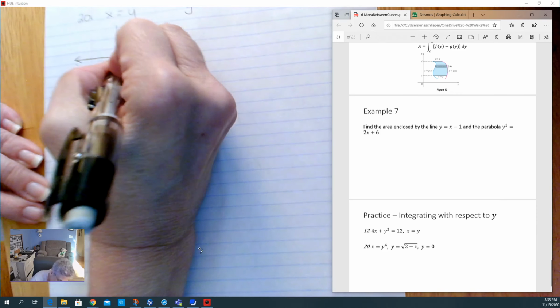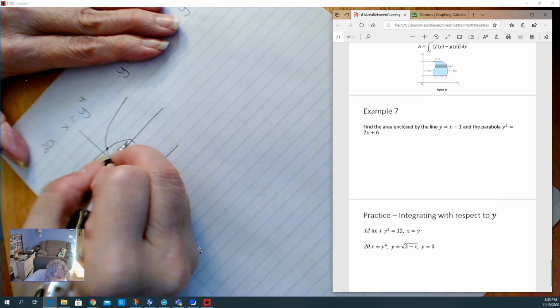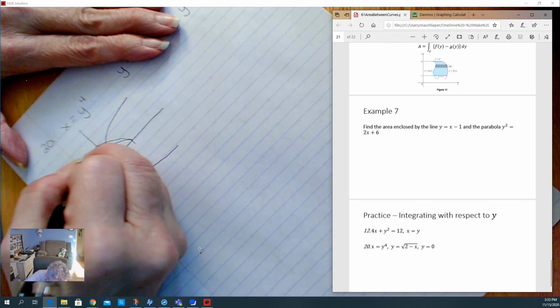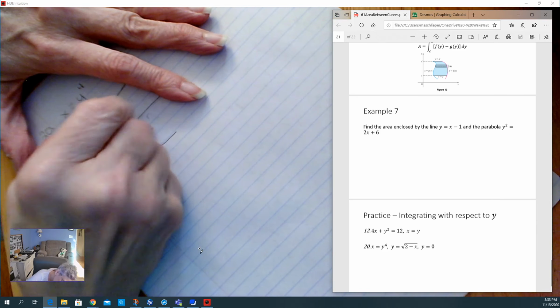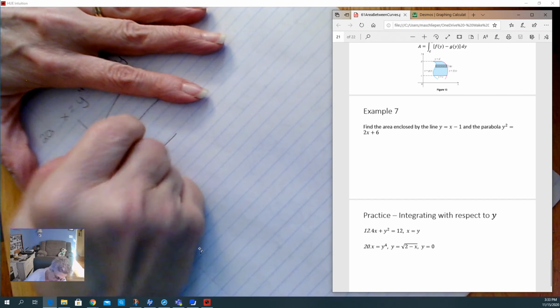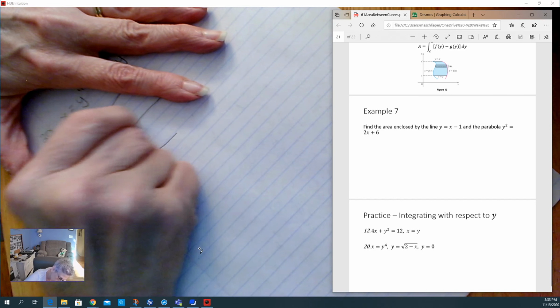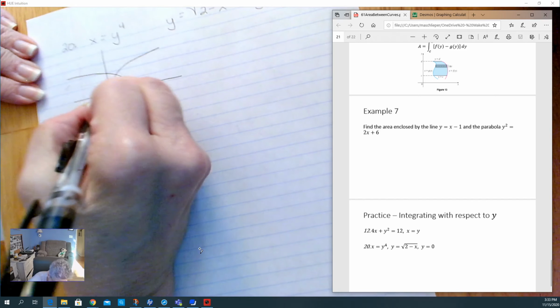Now, I don't think I did a very good job of drawing this. I think it should actually be more like this, because let's set them equal to one another and see where they cross. I'll fix the picture later.